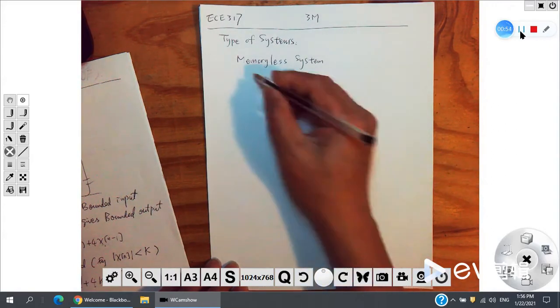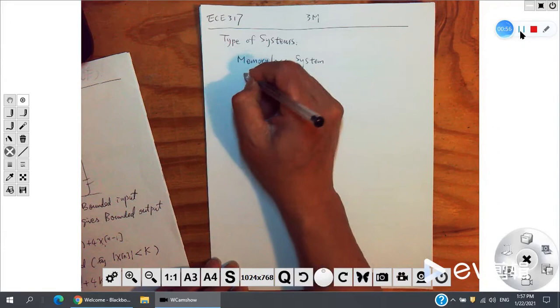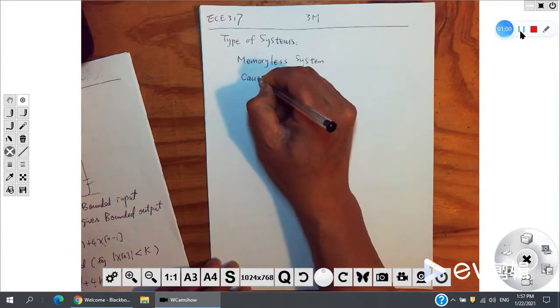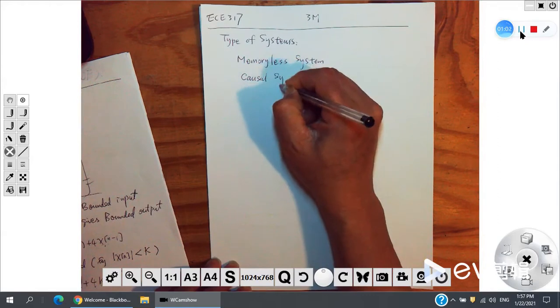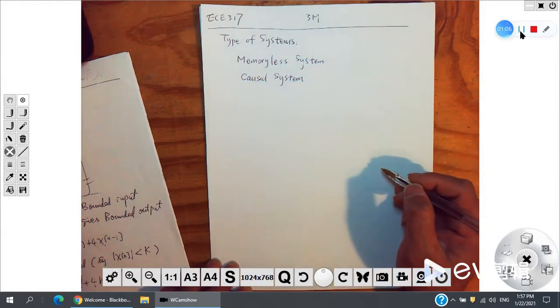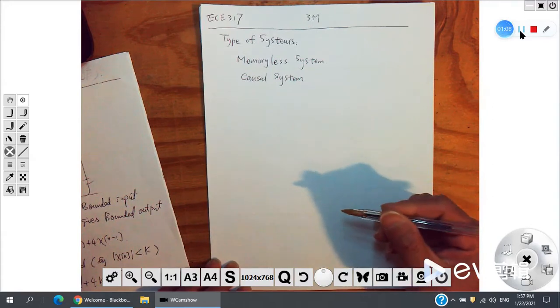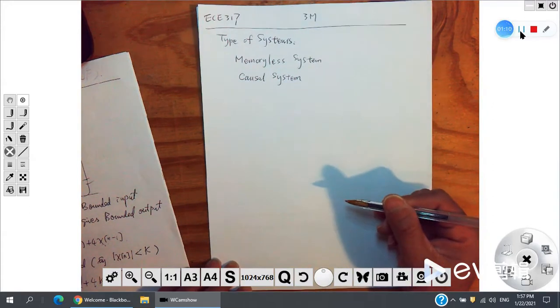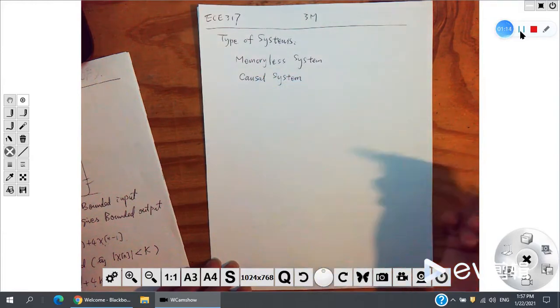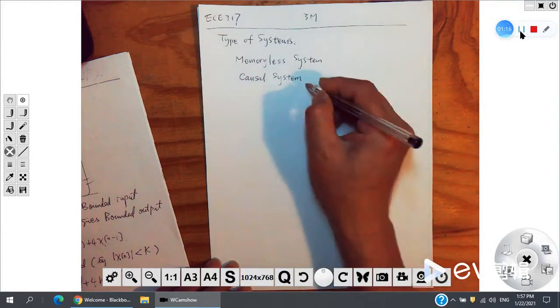You don't need to remember anything. Then there is the causal system, where the output depends on the current and past input.